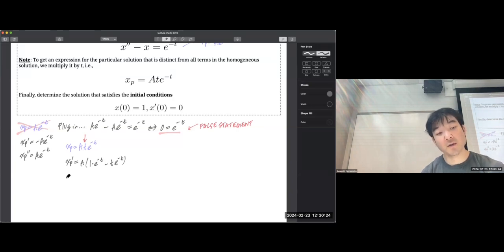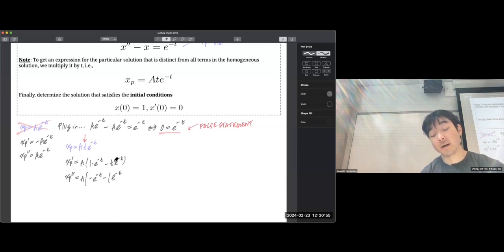And then if you take the derivative of this to get the second term, you'll have to do the product rule on this term right here. So you take the derivative of this to be negative e to the negative t. And then I'll say square bracket, and I've got to take the chain rule of this. So the product rule of this: derivative of t is 1, copy the second.